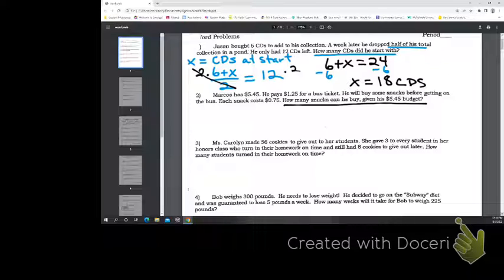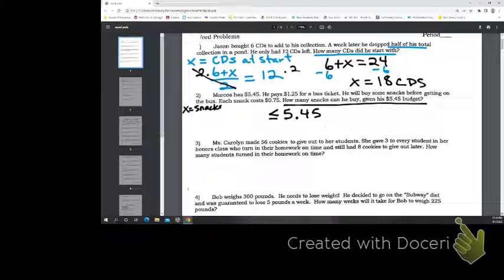$5.45 budget total. That includes the money that he's spending on the bus ticket. So that means if it's a budget, and normally I would have done other budget problems prior to this assignment, he would want to stay under or equal to, and I'll let my X be my snacks, about to not follow my own process, but his spending needs to stay under or equal to $5.45.